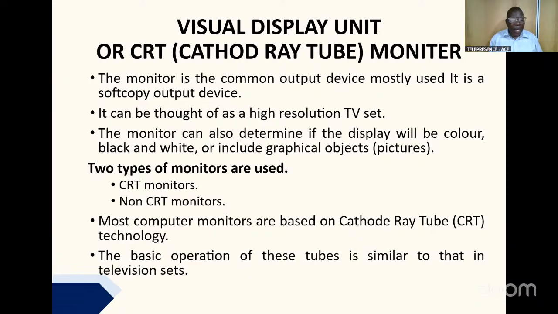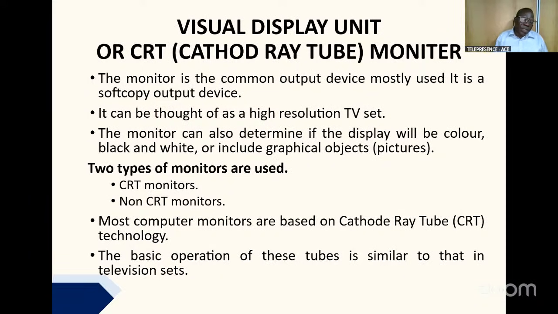But the result of what you have is a soft copy. So it can be thought of as a high resolution TV set. It works exactly like the TV set. The monitor also determines if the display will be colored, black and white, or include graphical objects, that is pictures.